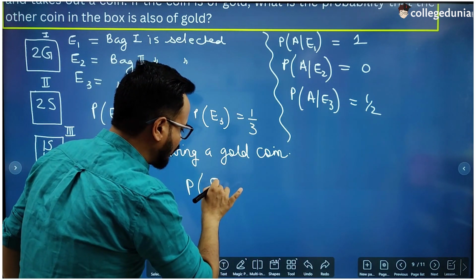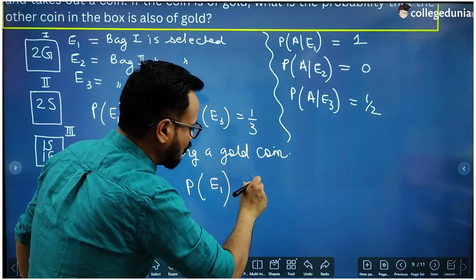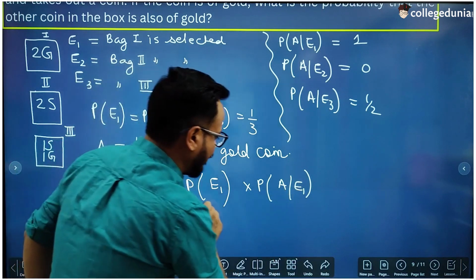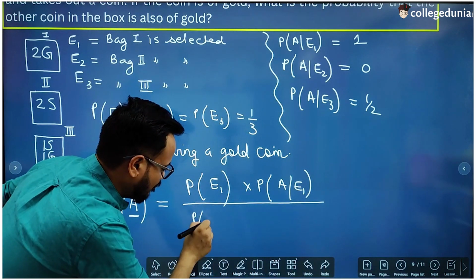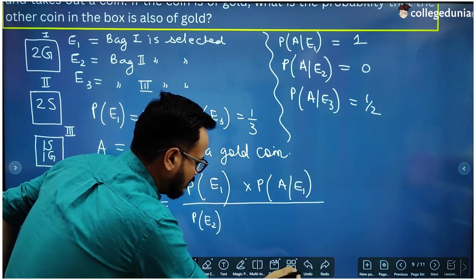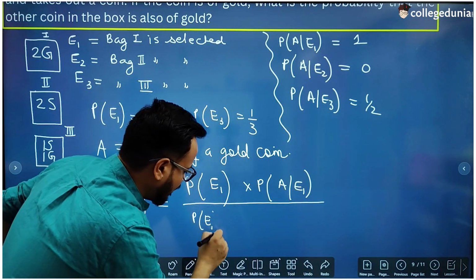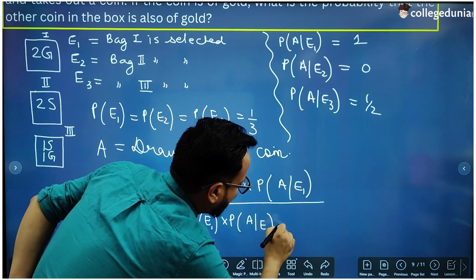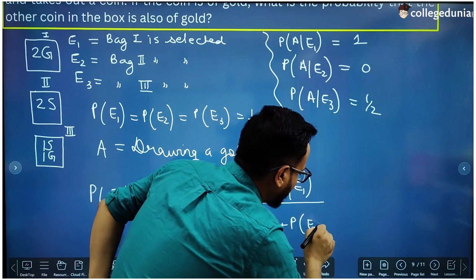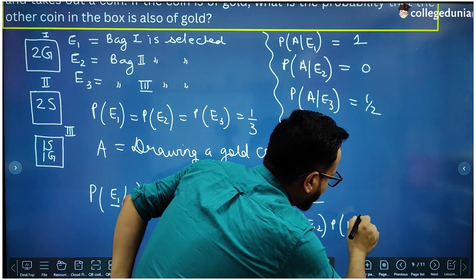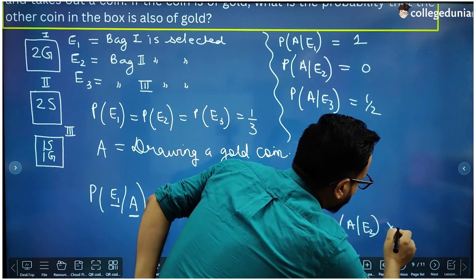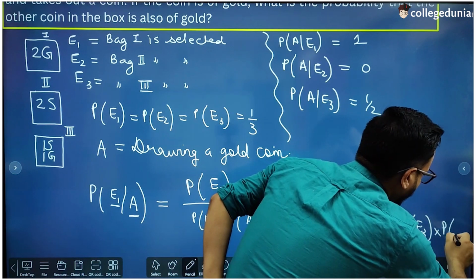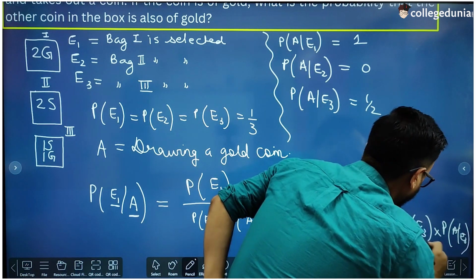So let's apply the formula of Bayes theorem. P(E1) into P(A/E1) divided by P(E1) into P(A/E1) plus P(E2) into P(A/E2) plus P(E3) into P(A/E3), not into.